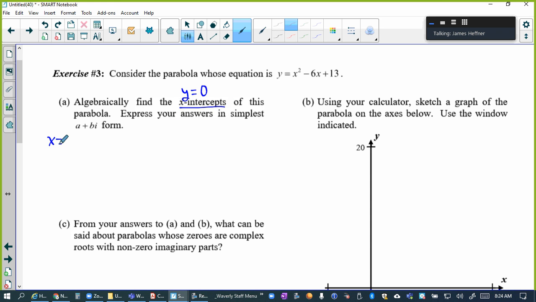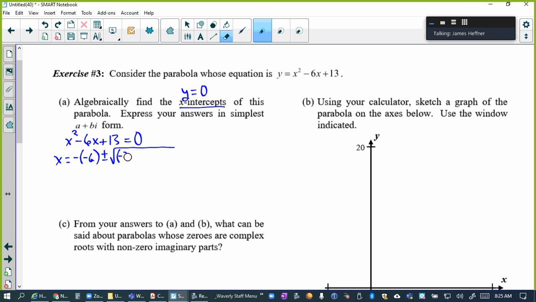So let's set that equal to 0: x squared minus 6x plus 13 equals 0. Oh, why did I do that first x? That was silly of me. All right, let's plug into our quadratic formula. x equals negative b plus or minus the square root of b squared minus 4ac, all over 2a.